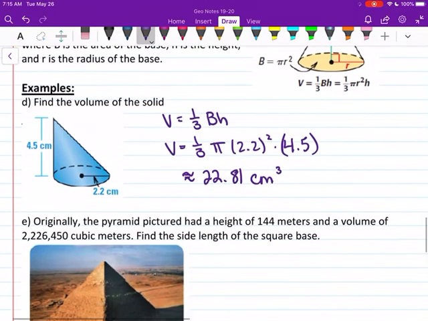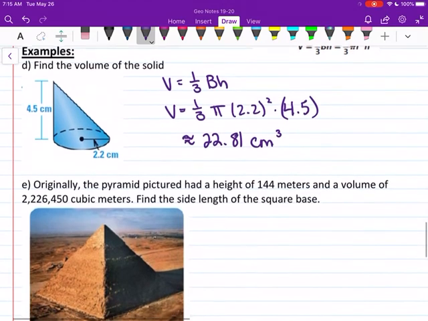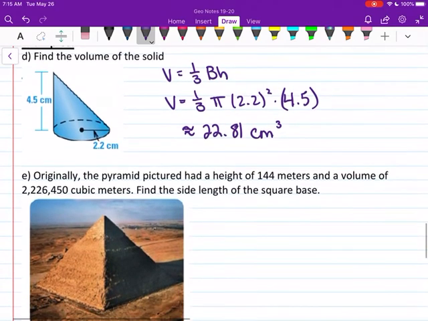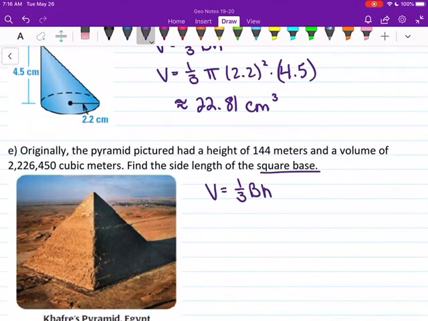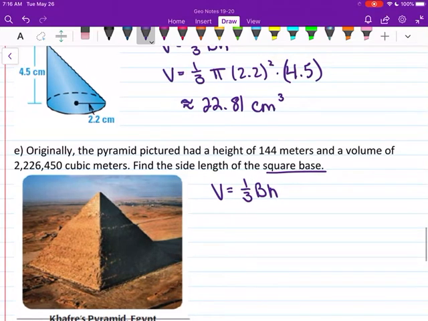Originally, the pyramid picture had a height of 144 meters and a volume of 2,226,450 cubic meters. Find the side length of the square base. Okay, so that's good. They tell me the square base. So I know that the volume equals 1/3 area of the base times the height. Okay, so let's fill in our pieces here.